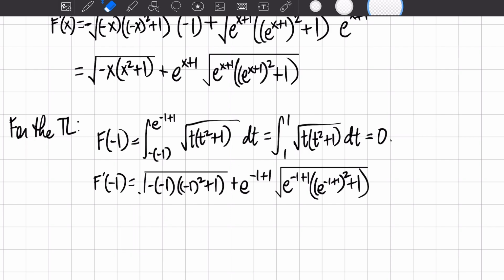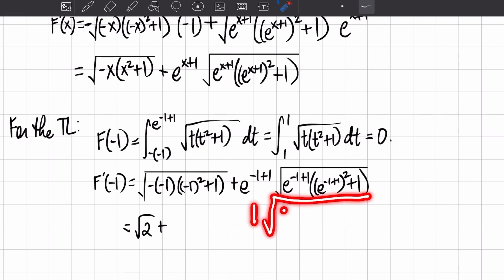So we have here the square root of 2 plus e raised to negative 1 plus 1, so that's 1, times the square root of e raised to negative 1 plus 1, that's e raised to 0 equals 1, plus 1 squared plus 1.